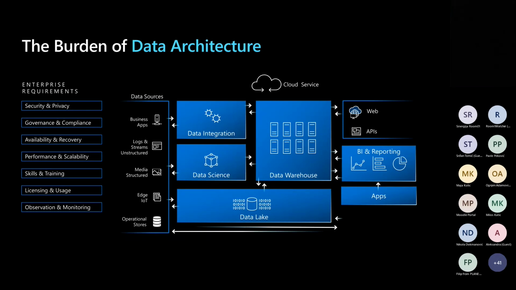Whoever has worked on data analytical solutions and data architectures is aware of these challenges. You have data coming from different data sources, be it from business apps, log streams, unstructured or structured data. Getting that data into a central location for your analytics has been a big challenge, right?